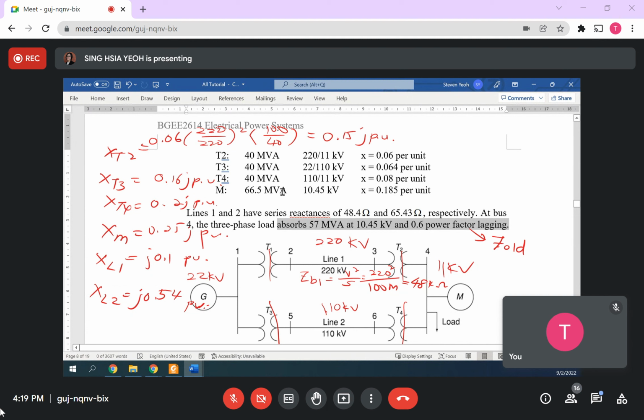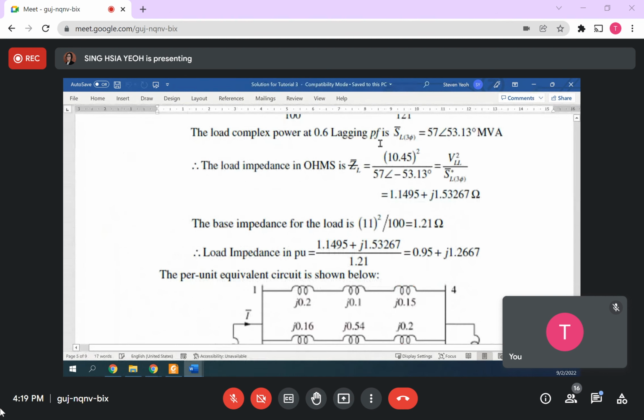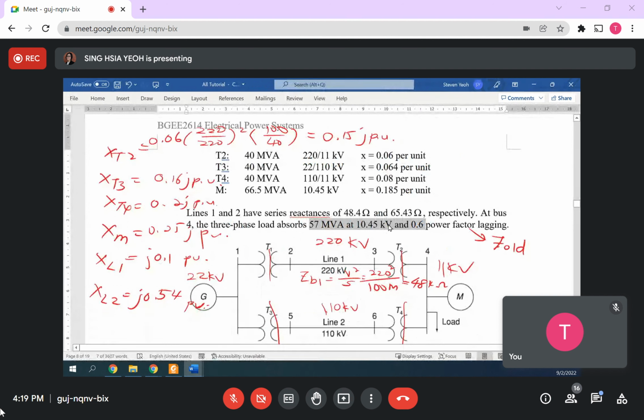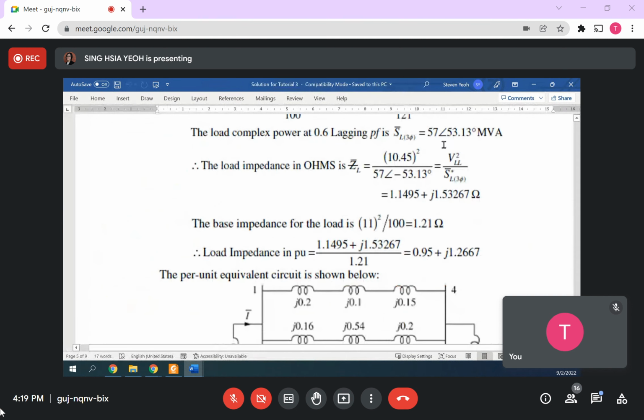It's like, for example, 48.4 ohm, 65.43 ohm. So you need to get the impedance value for this. How can we get it from 57 MVA and 0.6 power factor lagging? You know, right? 57 angle cos inverse 0.6, so you get 57 angle 53.13 MVA.